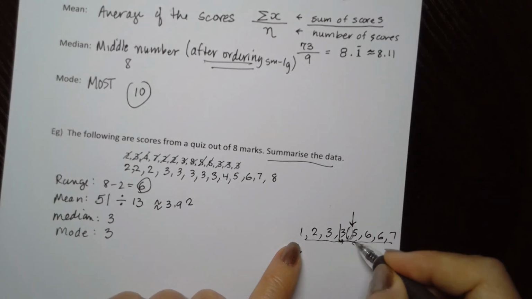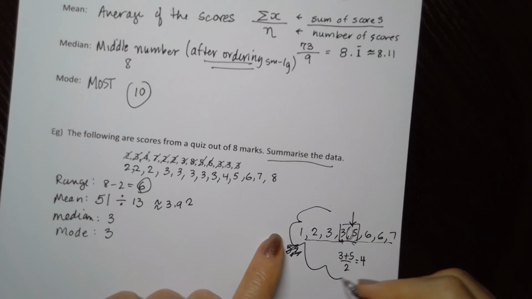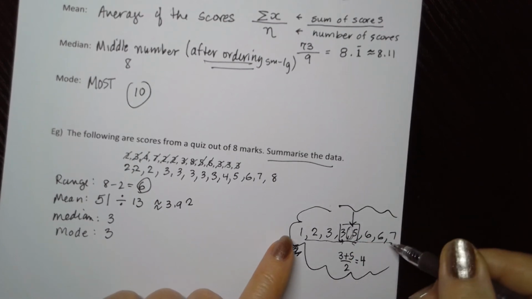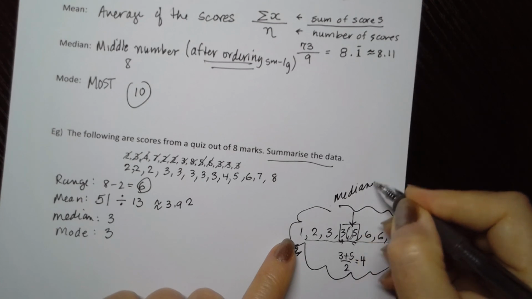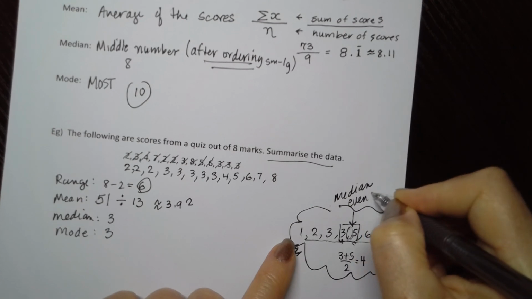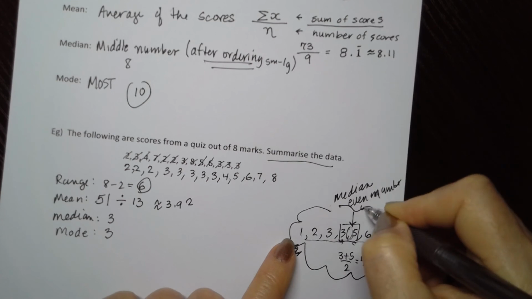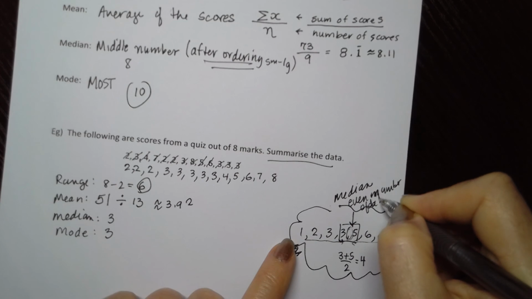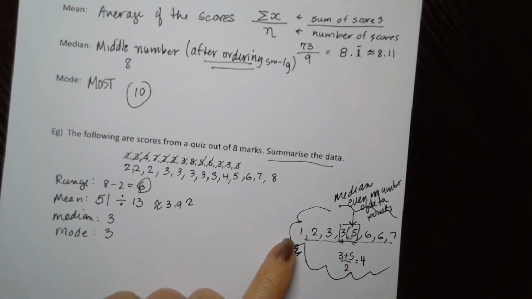So I grab both of these numbers, the 3 and the 5, and I go 3 plus 5 divided by 2. Take the average of the two middle numbers. And that gives me 4. Okay, so if I had to find the median with an even number of data points, I take the average of the middle two.